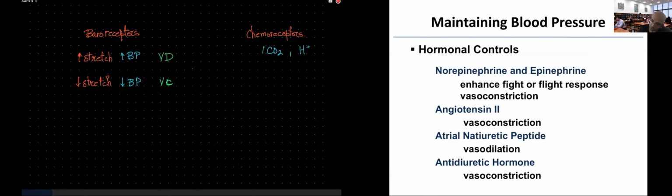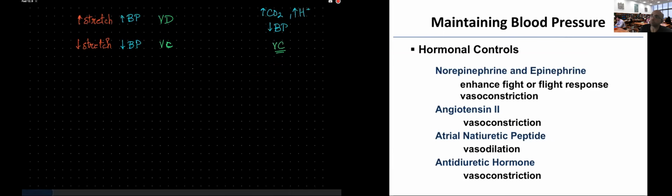If I have an increase in carbon dioxide levels and an increase in protons, this means I do not deliver enough blood to my organs. In other words, I have a low blood pressure. So how would I respond? I will constrict my arterioles again, in order to increase it back to normal and keep the blood moving towards the organs.